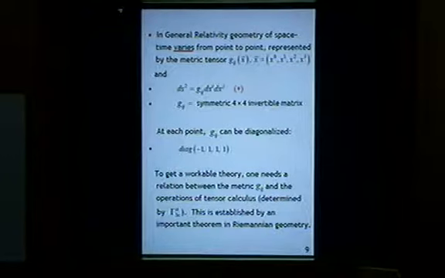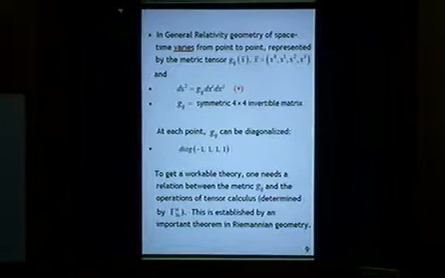Okay. Now, in order to get a theory that you could work with, you have to have a relation between the metric, that is, how you measure distances in that geometry, and how the operations of tensor calculus are done, and tensor calculus is determined by the Γ^A_BC. You need a relation between the metric, the distance, and differentiation.